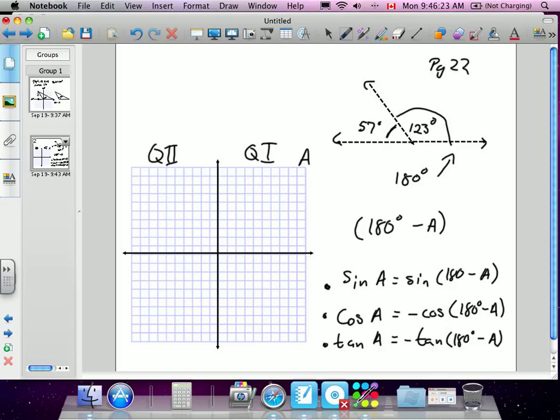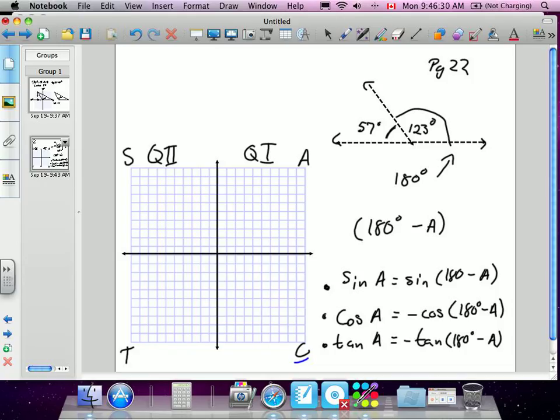Okay, so on Friday we went over the CAST system. We had C, A, S, T. And what that told us is of our 4 quadrants, quadrant 1, 2, 3, and quadrant 4, it told us which of the trig ratios are positive. So we figured out since this is A, that means sine, cos, and tangent are all positive in this quadrant.